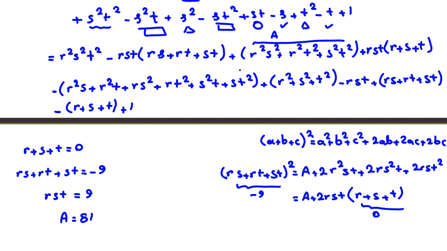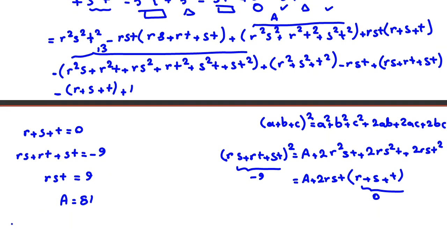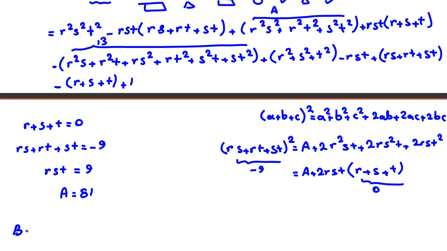This part is also easy. Now we should focus on calculating this other part. We call this part B. For calculating B, we can say r squared plus s squared plus t squared times r plus s plus t creates all terms in B, except you should subtract r cubed plus s cubed plus t cubed.